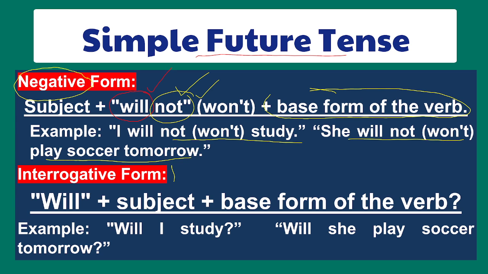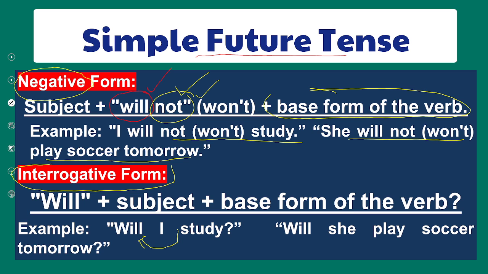So how do we form the interrogative form? When we want to make an interrogative sentence, we have to insert the will or shall before the subject.